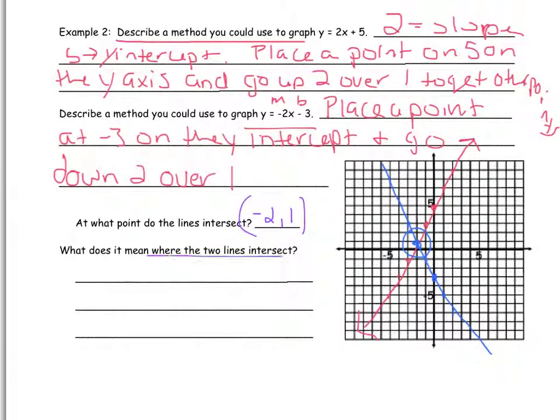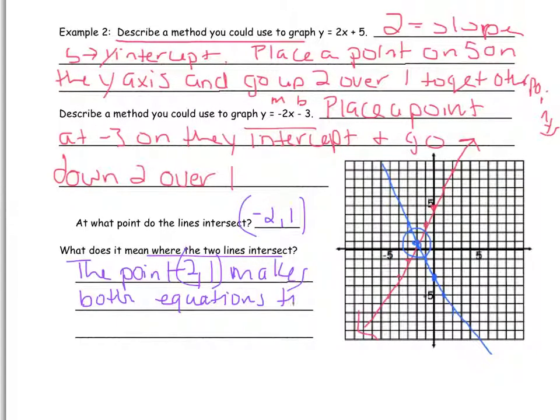So what does that mean? That means the point (-2, 1) makes both equations true.